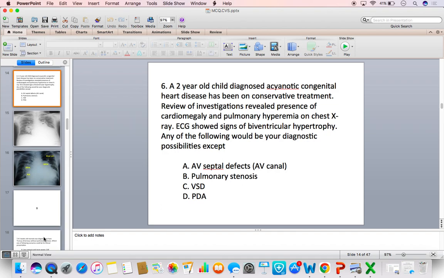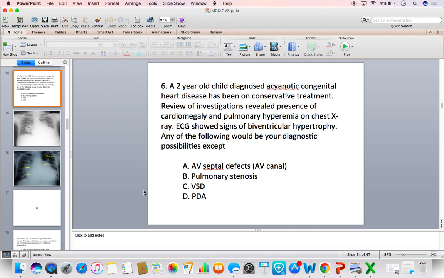In pulmonary stenosis, there is oligemia of the lung fields because of the reduced pulmonary flow. There is obstruction to the right ventricular outflow. So there is reduced pulmonary flow. So lung fields will show oligemic lung fields. So the answer is option B.